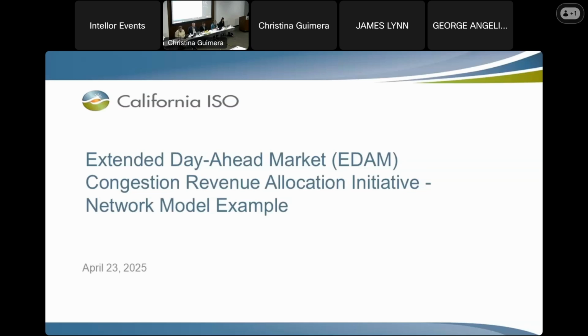In this case, it's the transfer. I now see a supply of 100 megawatts, and for that BA, it's a demand of 100 megawatts in the form of a transfer. And so now I have a balanced quantity of 100 megawatts. I will calculate what the congestion difference is between those 2 points, and that is what goes to the entity in order to provide a hedge for that OAT customer.